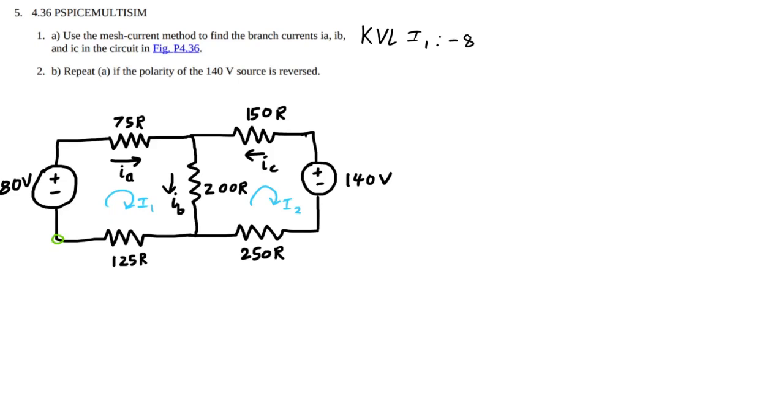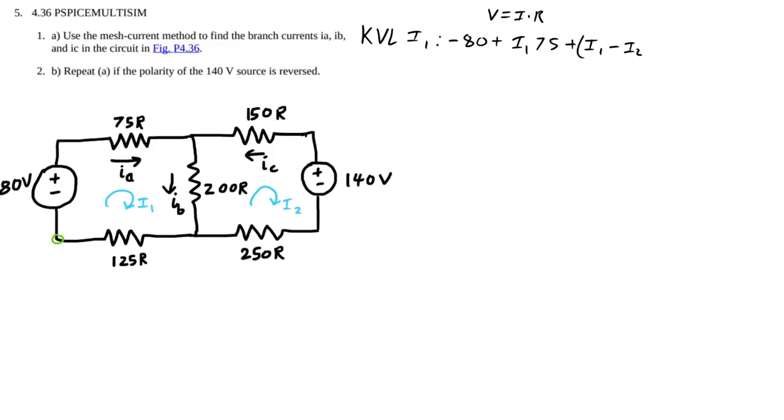So we're going minus 80, gain of 80 volts, plus I1 times 75, which is just Ohm's law, because we're doing a voltage, and remember V equals I times R, plus I1, and we also have minus I2 because our mesh current I2 is in conflict with our mesh current I1.